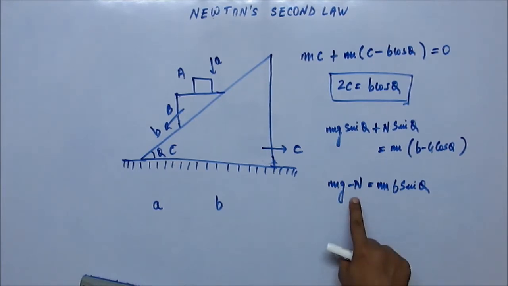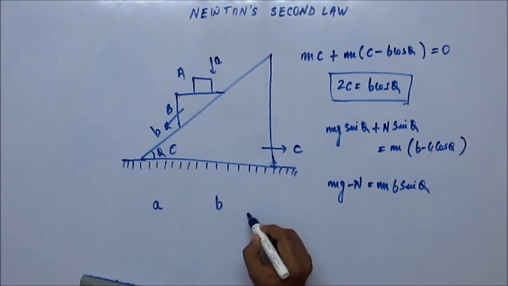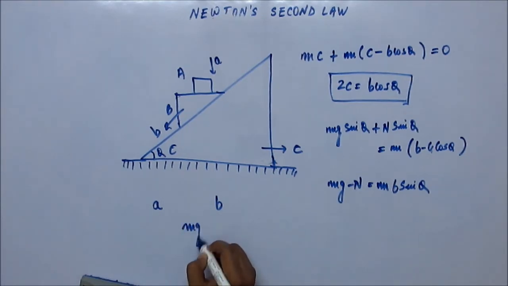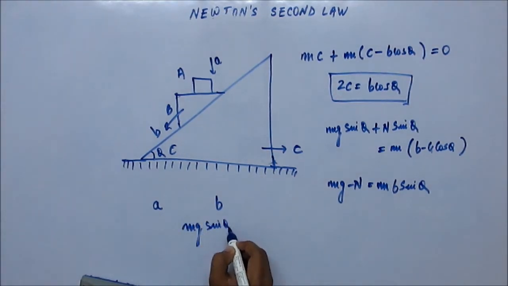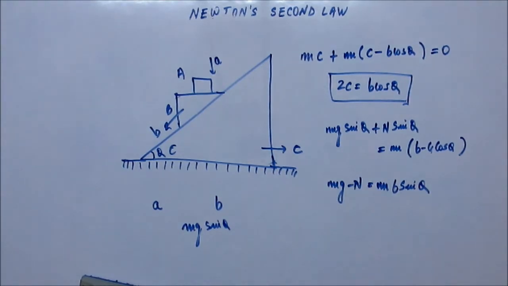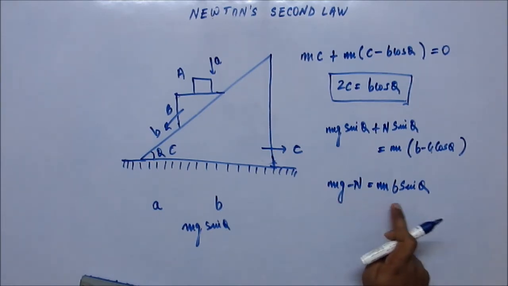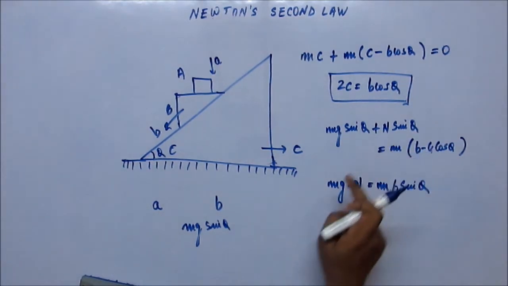So from here we replace n and put it here. So what we get is mg sine theta. Normal reaction from here would be mg minus mb sine theta, and we put that normal reaction here.